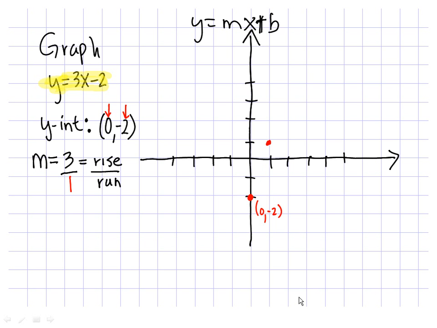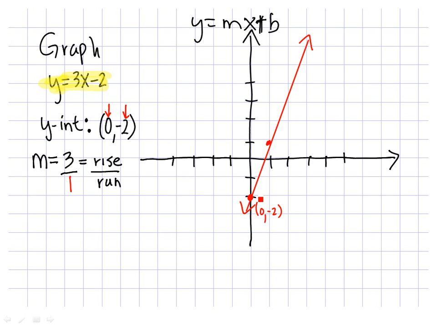And attempt to draw a straight line if I can. Right there. Alright. And then I'm going to attempt to draw some arrows at the end because this line is continuous. It keeps going on forever.